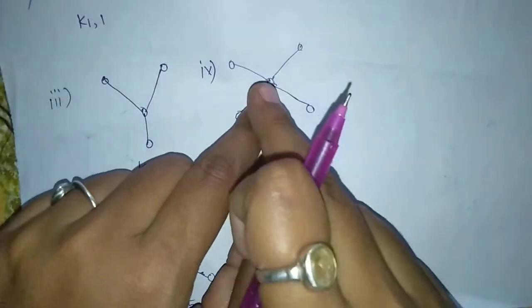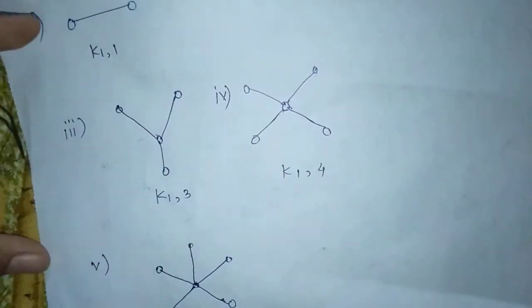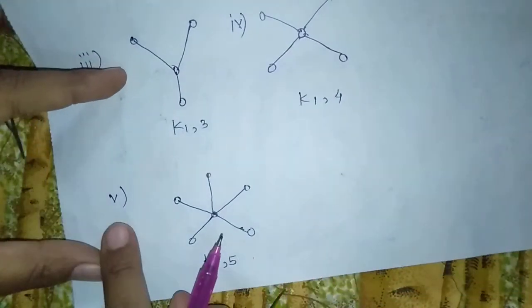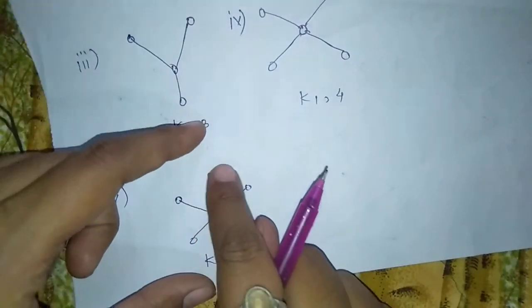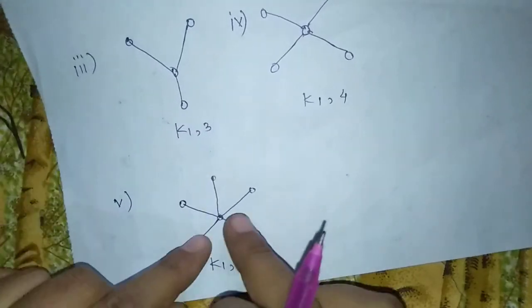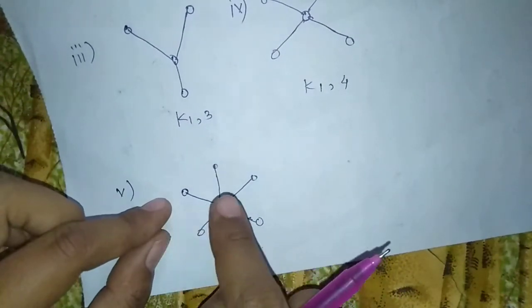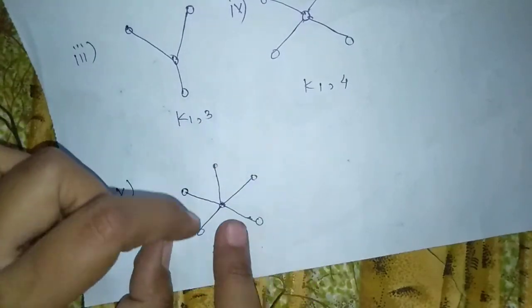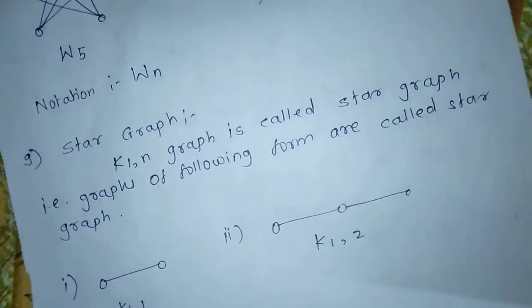For K1,4, first one vertex, then 4 vertices, join by edges. Also K1,5, first put one vertex here and next 1, 2, 3, 4, 5 vertices, and draw edges to join them. So here we stop.